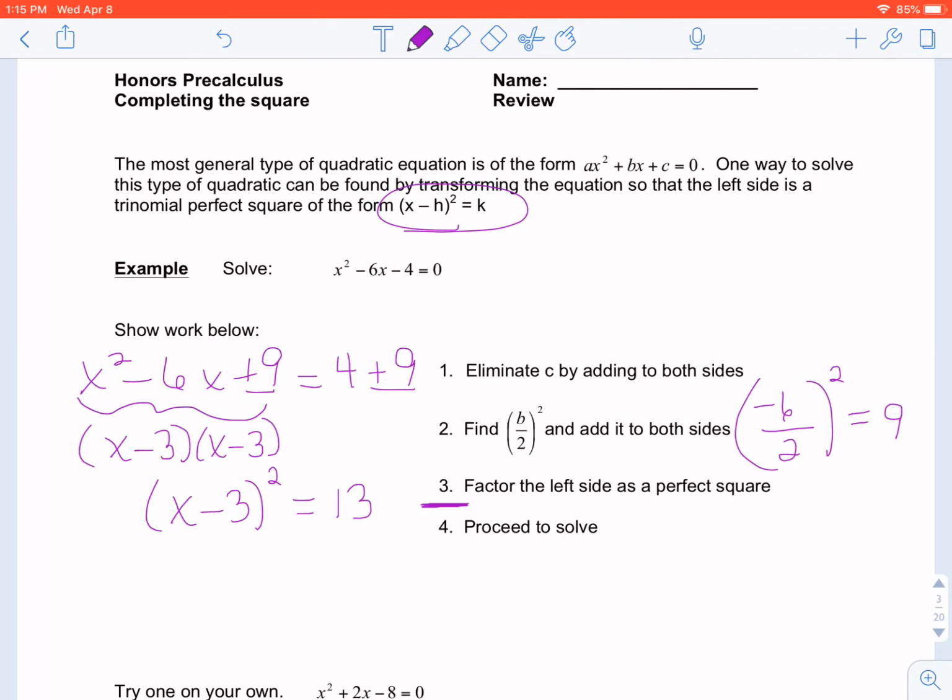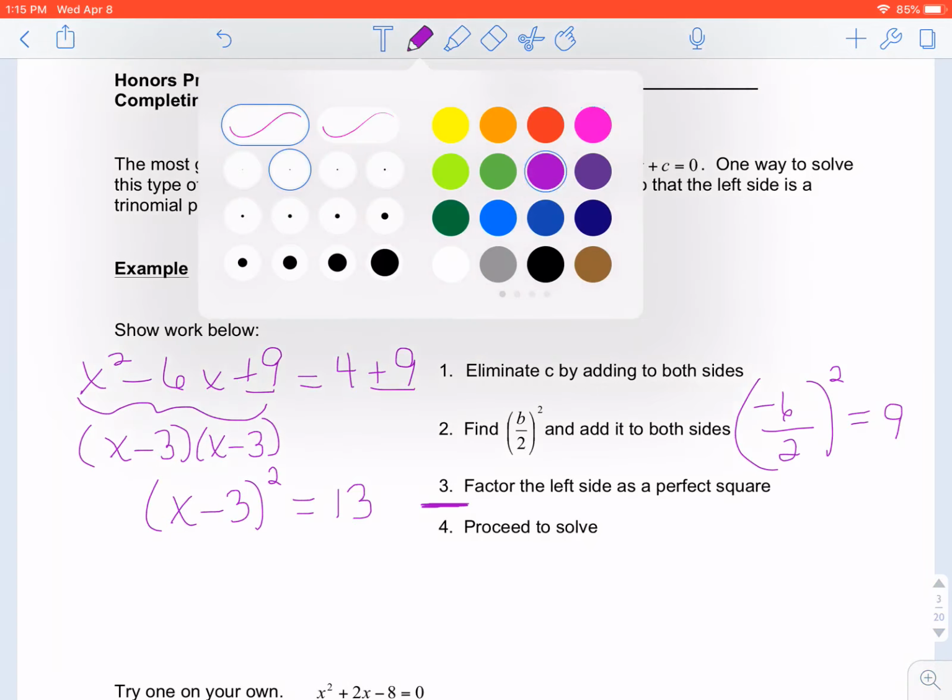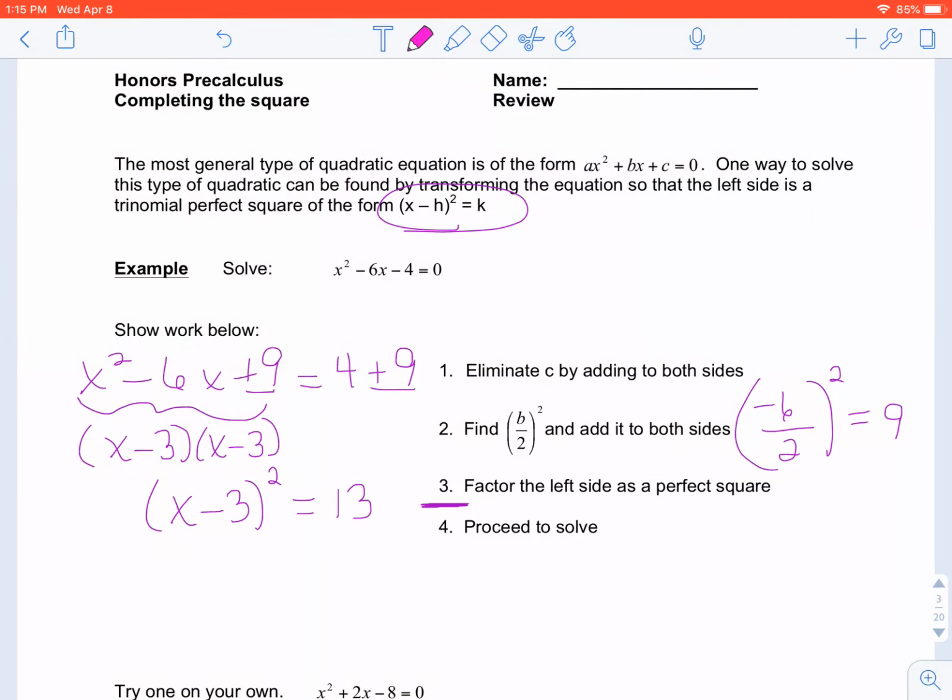So one reason we complete the square is to solve quadratics that aren't factorable. Of course, we have that wonderful quadratic formula that we can also use, but completing the square is sometimes a little quicker and easier than using the quadratic formula. So to solve, we would take the square root of both sides, because when you have something that's a quantity squared, to undo it, you can take the square root of it.